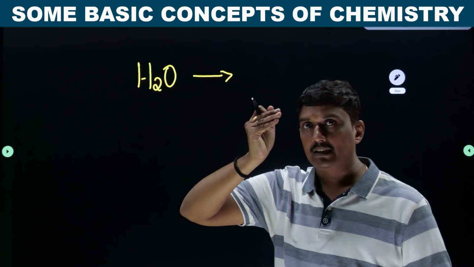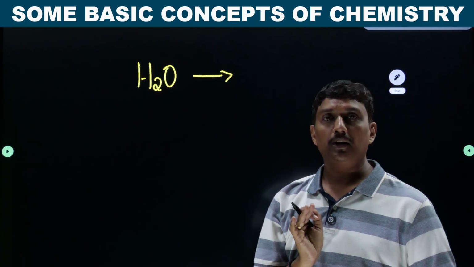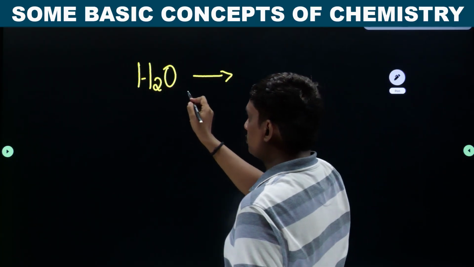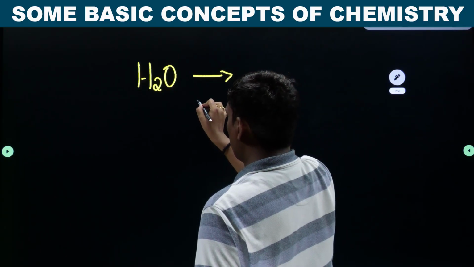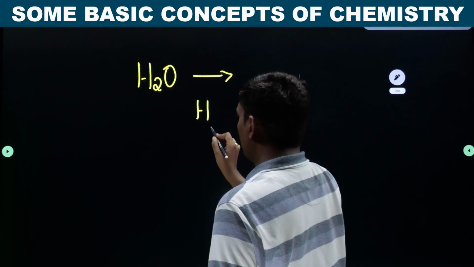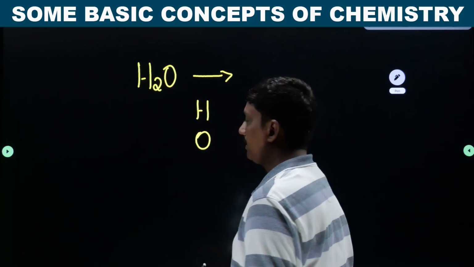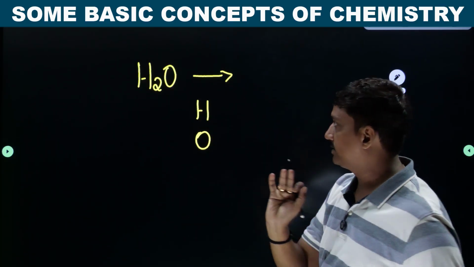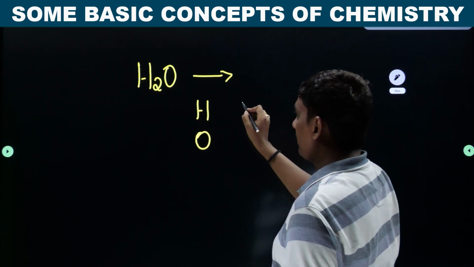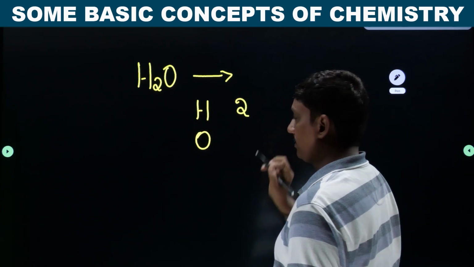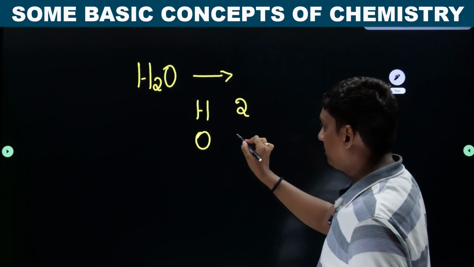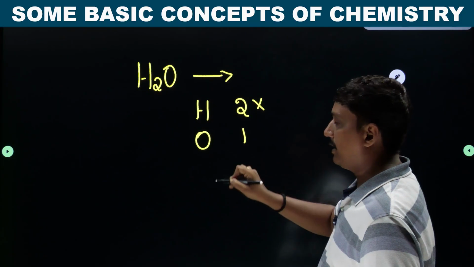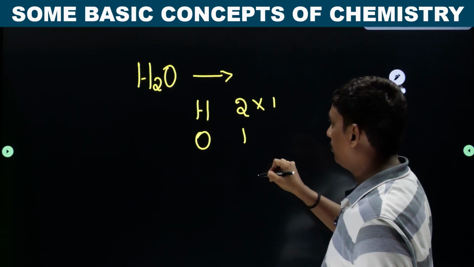We should calculate its molecular mass. How to calculate? Very simple. For H2O, first you write the elements. One is hydrogen, another is oxygen. These are two elements. How many atoms of hydrogen? 2 atoms. How many atoms of oxygen? 1. What is the atomic mass of hydrogen? 1.